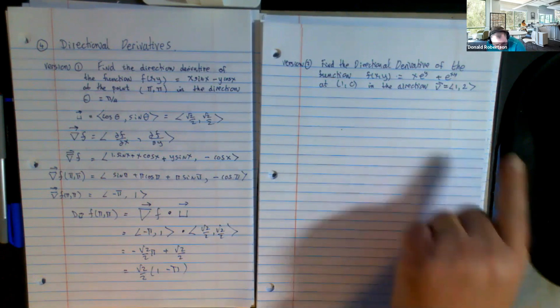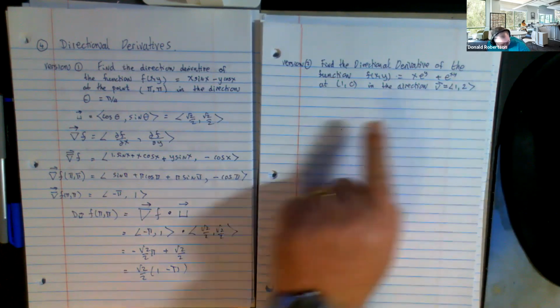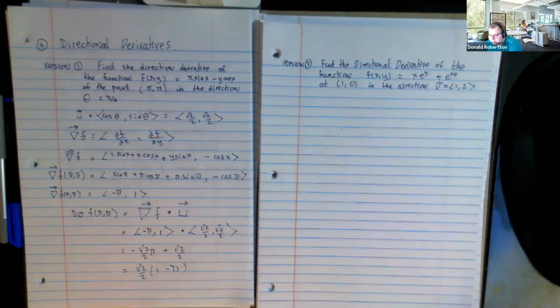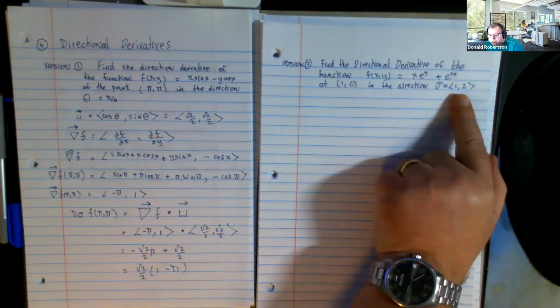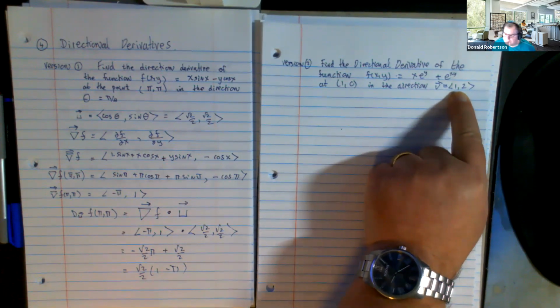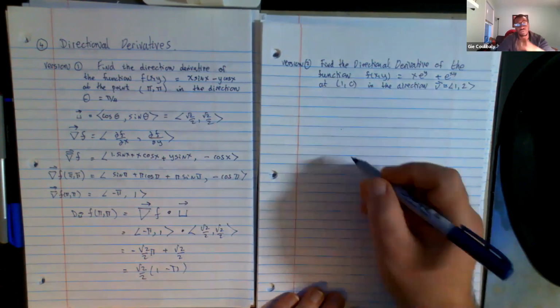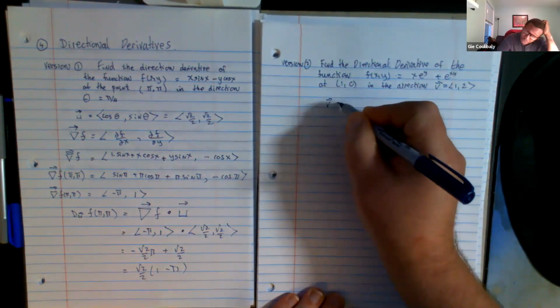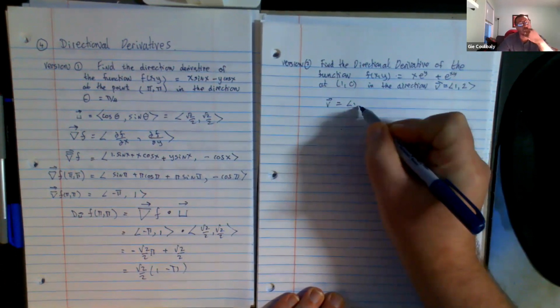So the major change here is that the direction is no longer given in terms of an angle theta, but given in terms of a two-dimensional vector. Now, when you have a situation like this, can anybody remember what we do to this vector here? Turn it into the unit vector. Right.